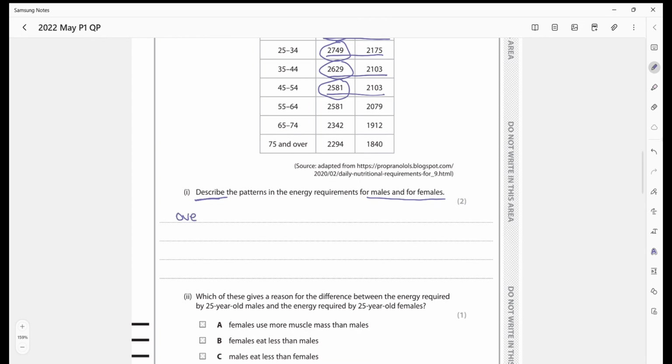So overall, males have a greater energy requirement than females.